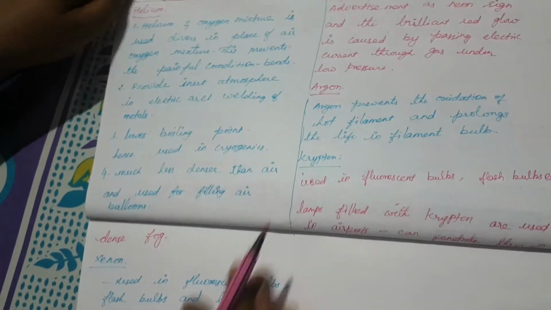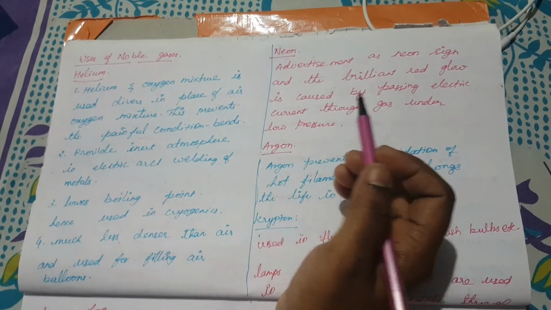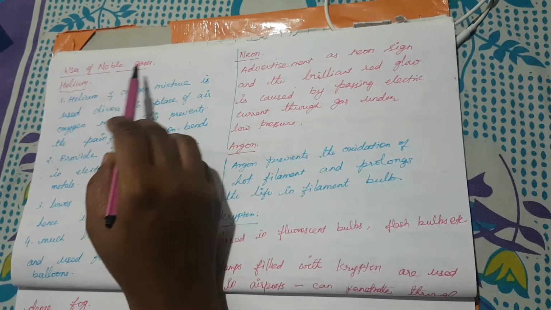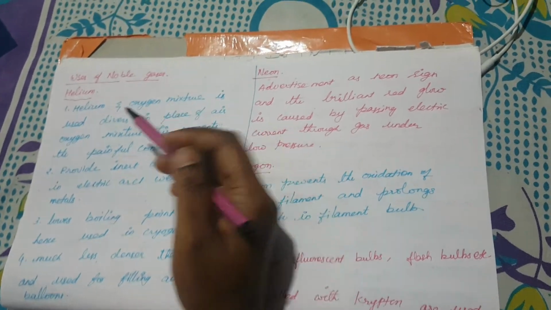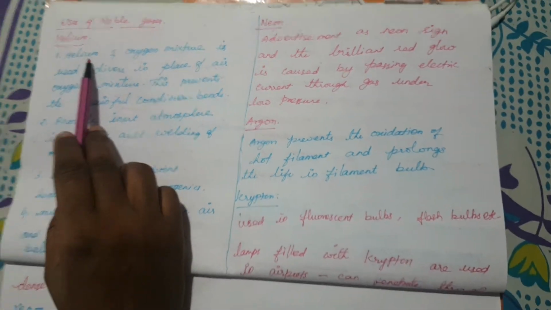Another one is uses. This is very important in this chapter. All the uses are very important, and questions are asked repeatedly. First, uses of noble gases. First one is helium.